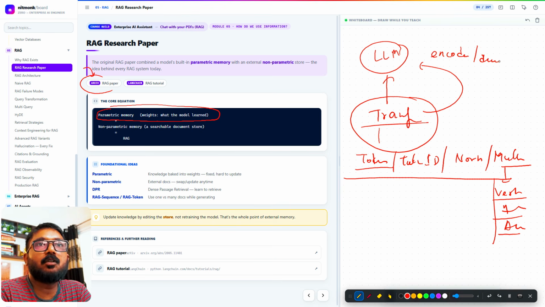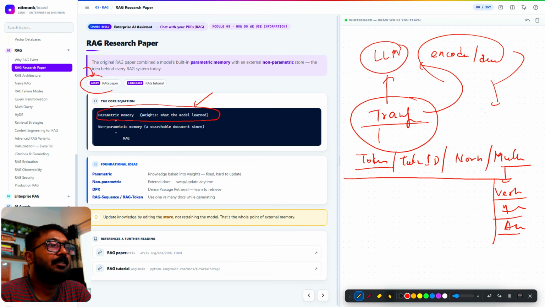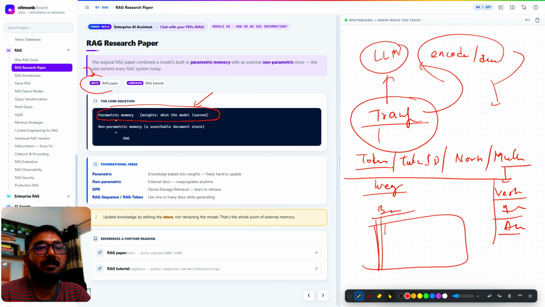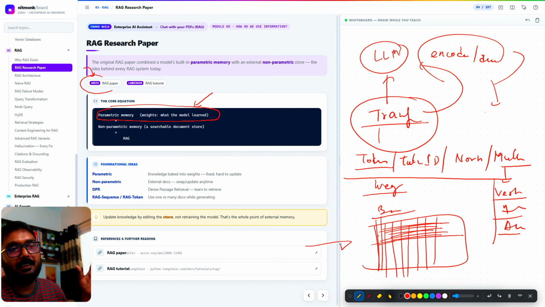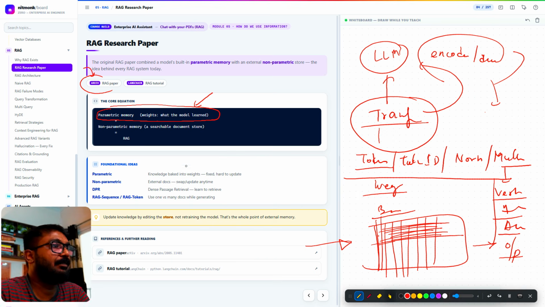Once encoders and decoders are there, generation happens, and that's how parametric memory is created, in terms of billions of weights and biases. When you put any data in, it produces an output in terms of the weights it has generated.